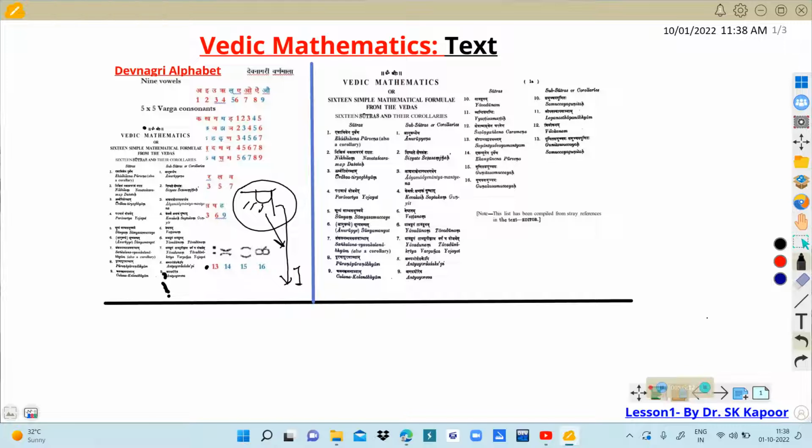As such, the first point to be learned is that we should have acquaintance with the devnagri script beginning with the first vowel.